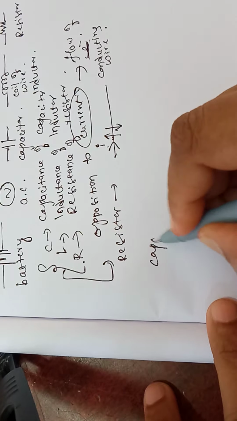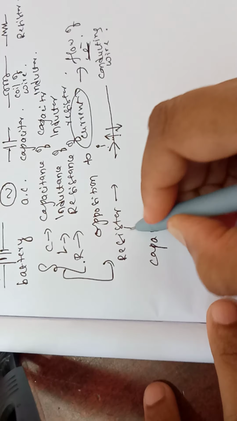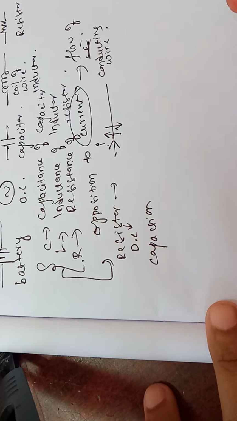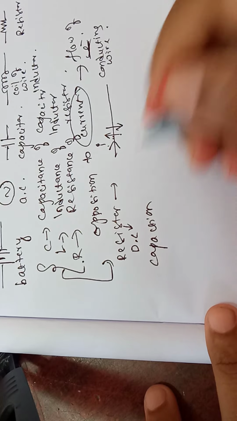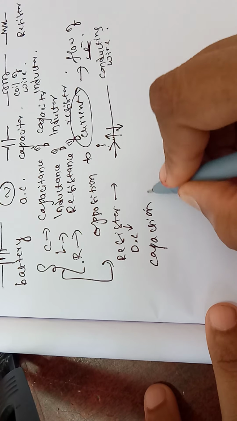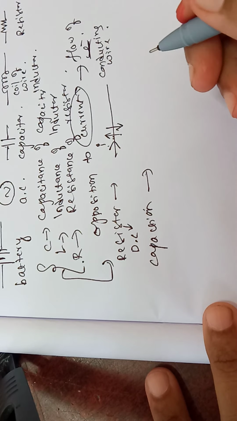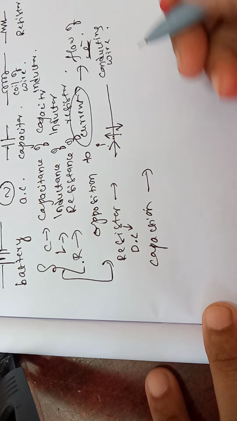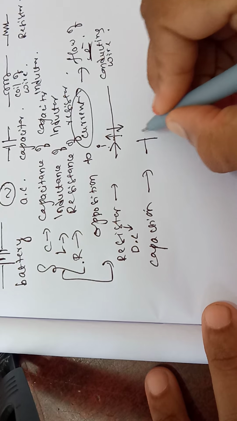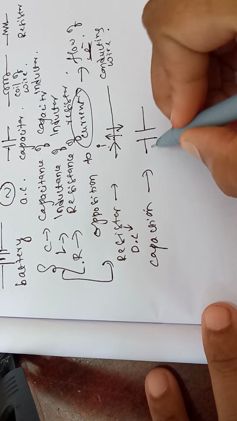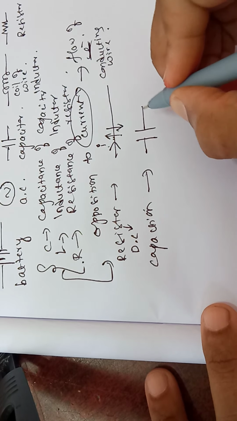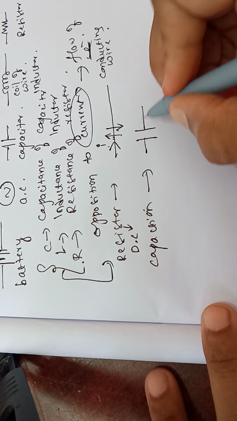So resistance is created to DC current. Now the capacitor also creates opposition to the current. How? A capacitor is an arrangement of two parallel metal plates.